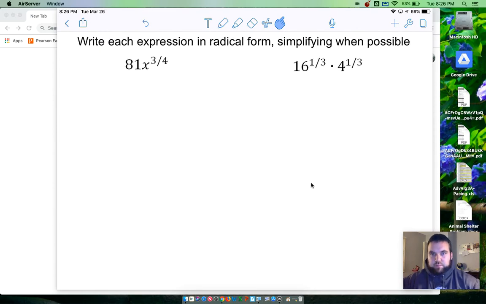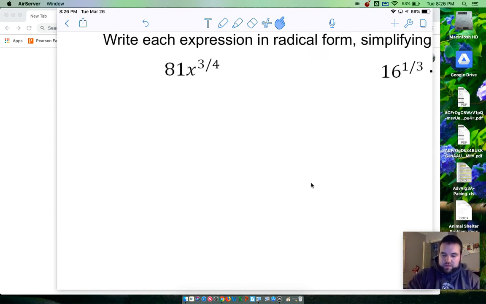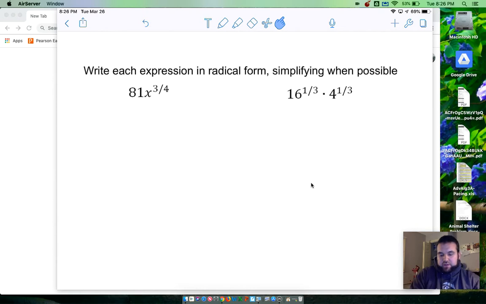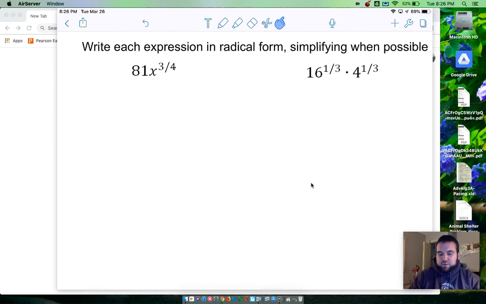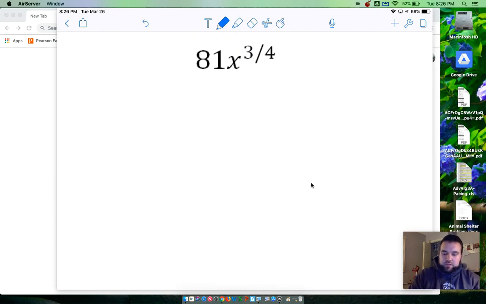This was basically switching between radical form and exponential form using fractional exponents, and then simplifying if we can. So if we take a look at this first problem, the instructions say write each expression in radical form and then simplify when possible. Okay, so I see that exponent of 3/4, and I know I'm going to have to use a radical.